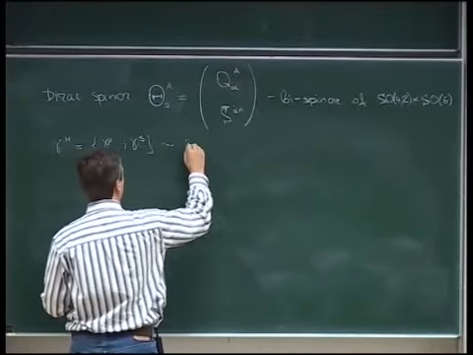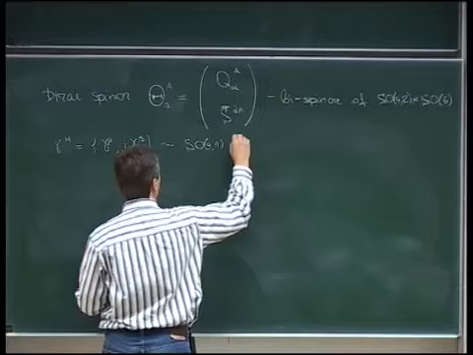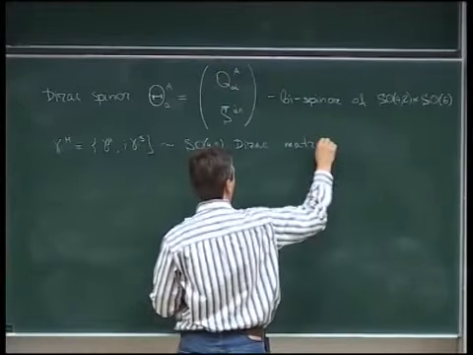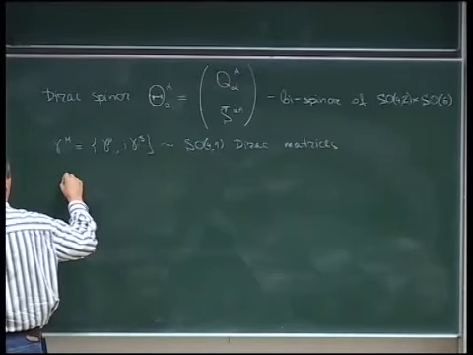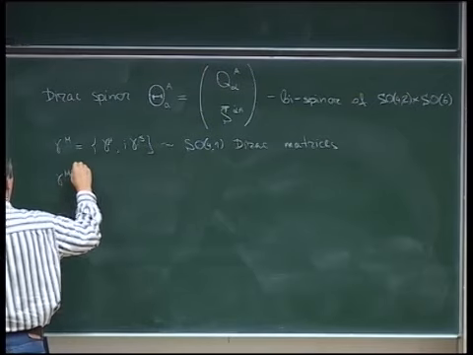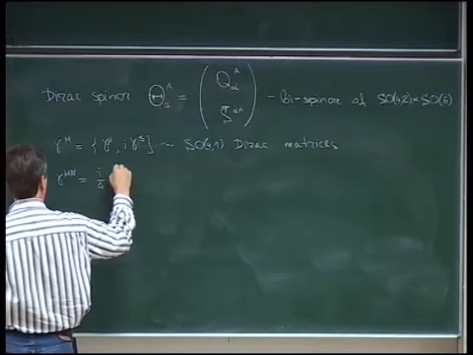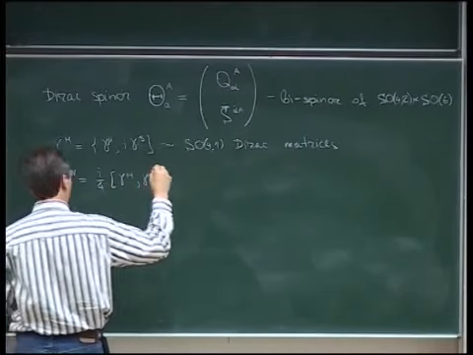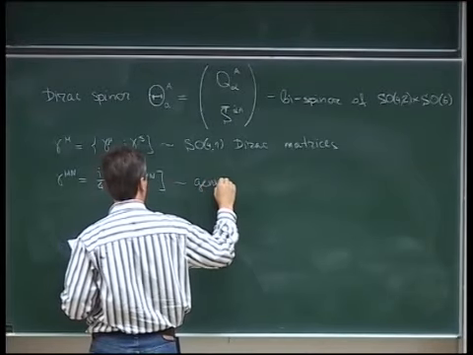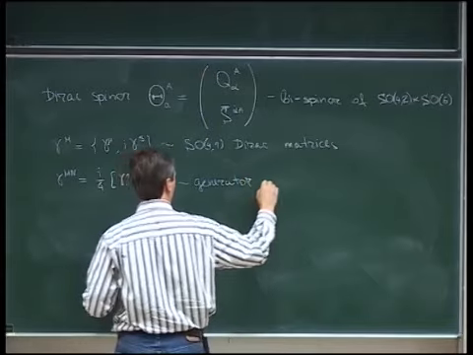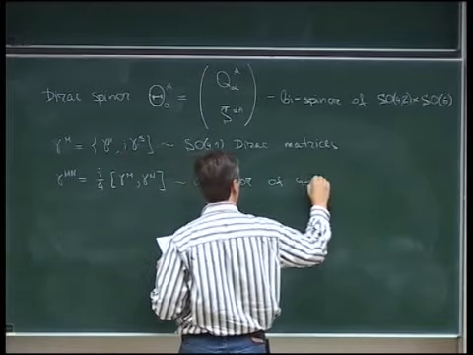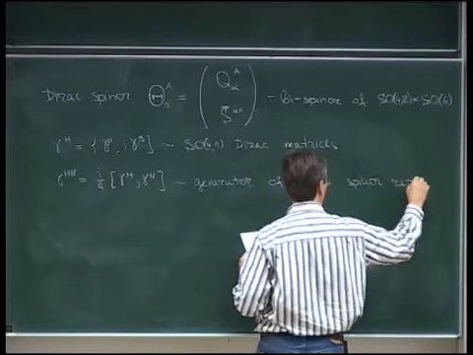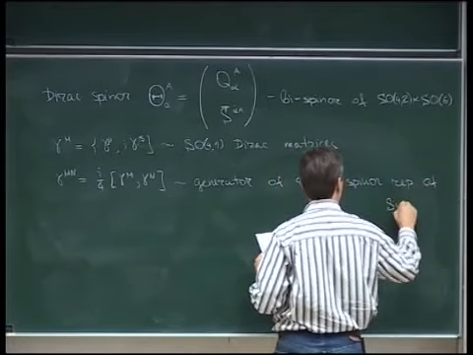So they are SO(4,1) Dirac matrices. In particular, their commutators are generators of the 4-dimensional spinor representation of SO(4,1).